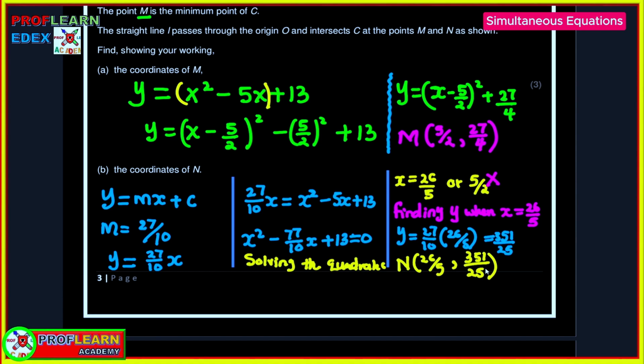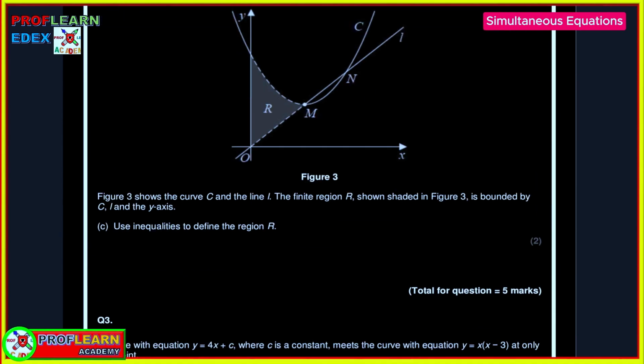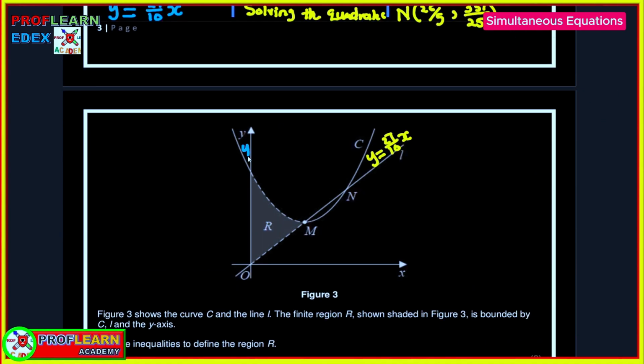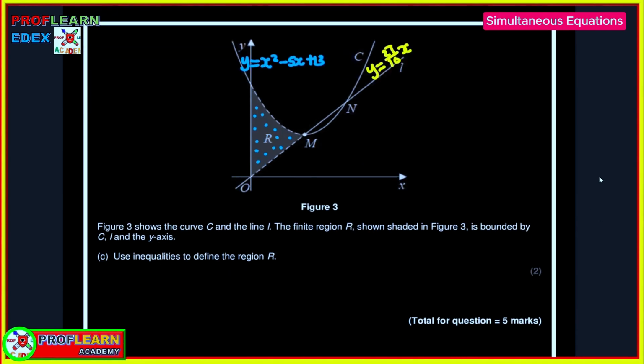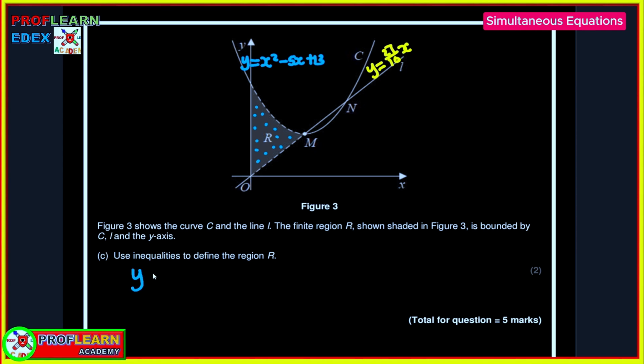The next task is to state the inequalities that satisfy the region R. Of course, we were given the equations of the curve and the straight line. So this region R is defined by various inequalities. Number one is y is less than x squared minus 5x plus 13, and also y is greater than 27 over 10x.